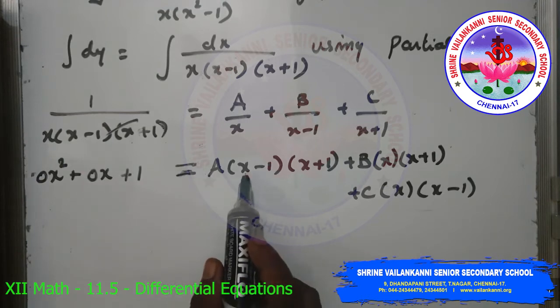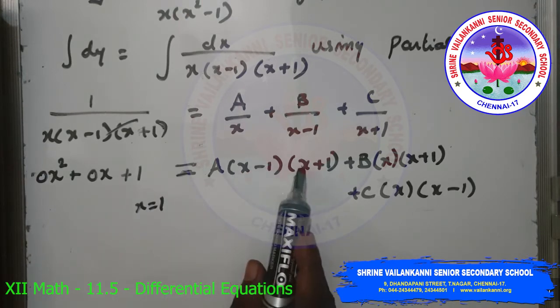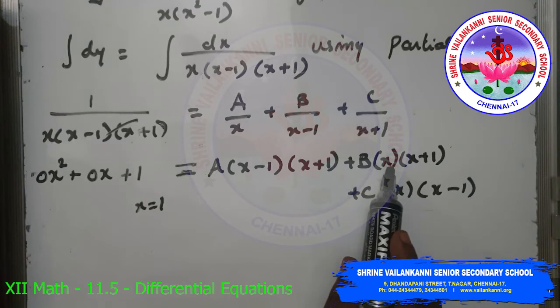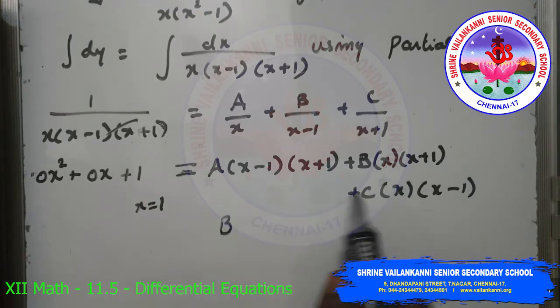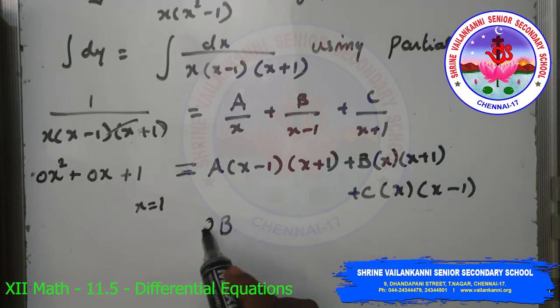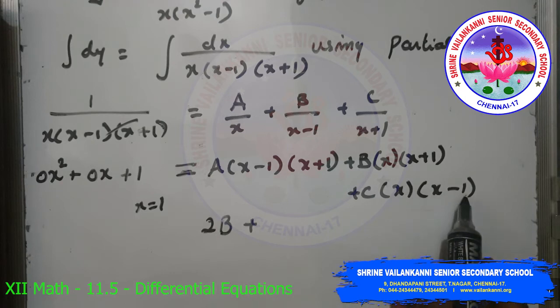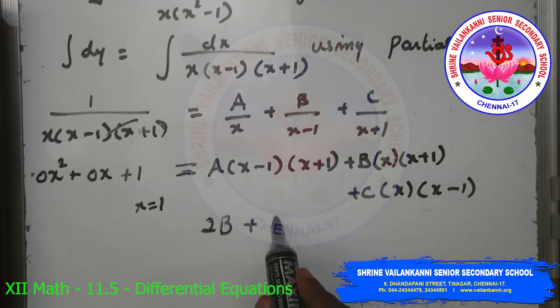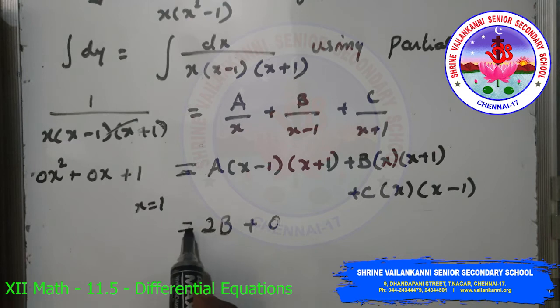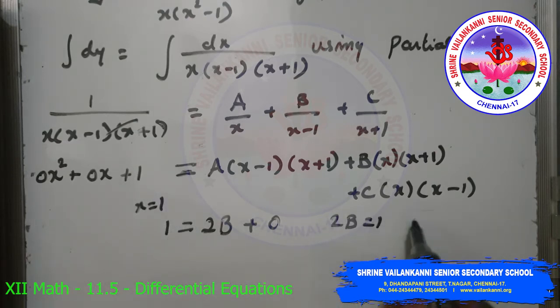When we put x equal to 1, a becomes 0 and b becomes b into 1 into 1 plus 1, so 2b, plus c into 1 minus 1 is 0, so c term is also 0. So 2b equals 1 on the left hand side, so b is half.